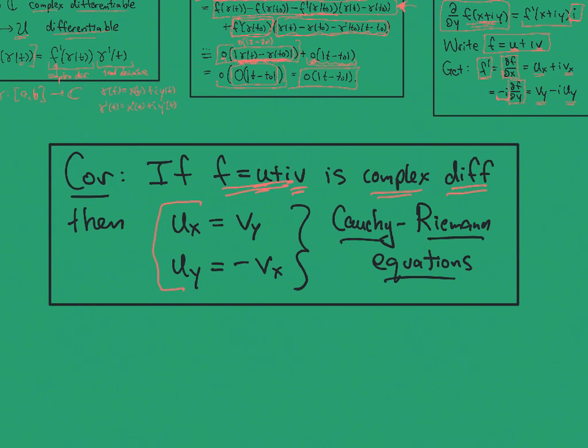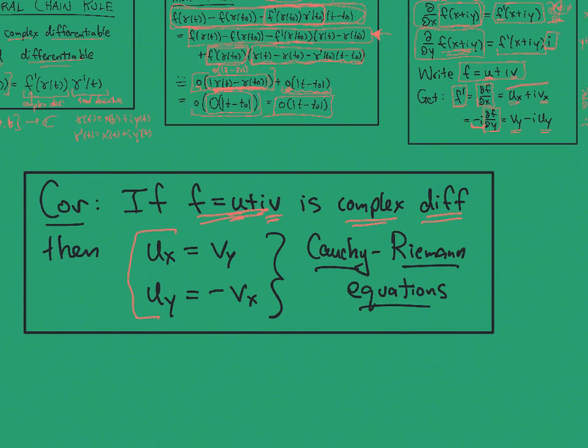And that's just looking back over here, matching the real and imaginary parts of the complex derivative. So you get ux is vy, and uy is negative vx. So these are the Cauchy-Riemann equations, and we'll have another way to interpret these later.